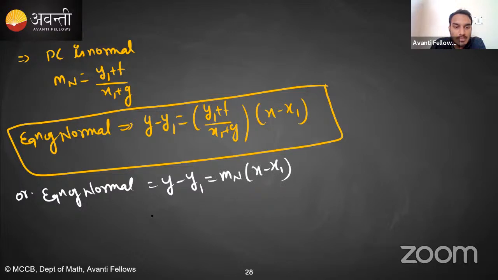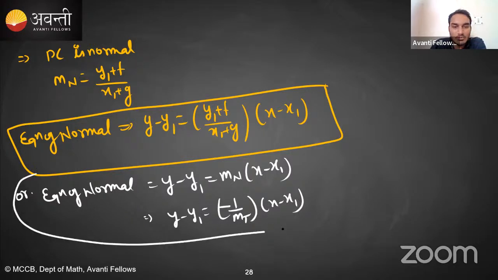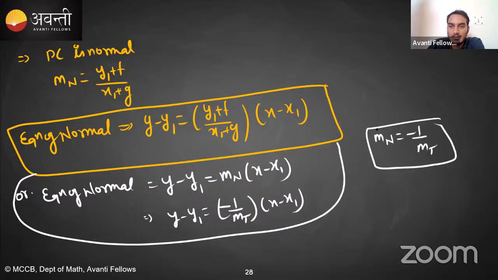And what is the slope of normal? It is nothing but the negative reciprocal of the slope of the tangent. Anyway, these are all true. Here N is for normal and T is for tangent. Is this clear now?